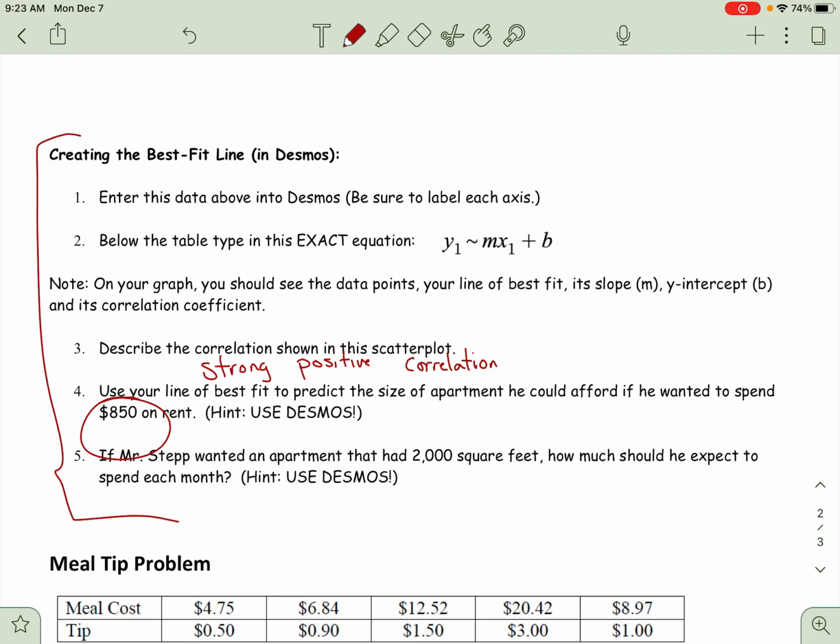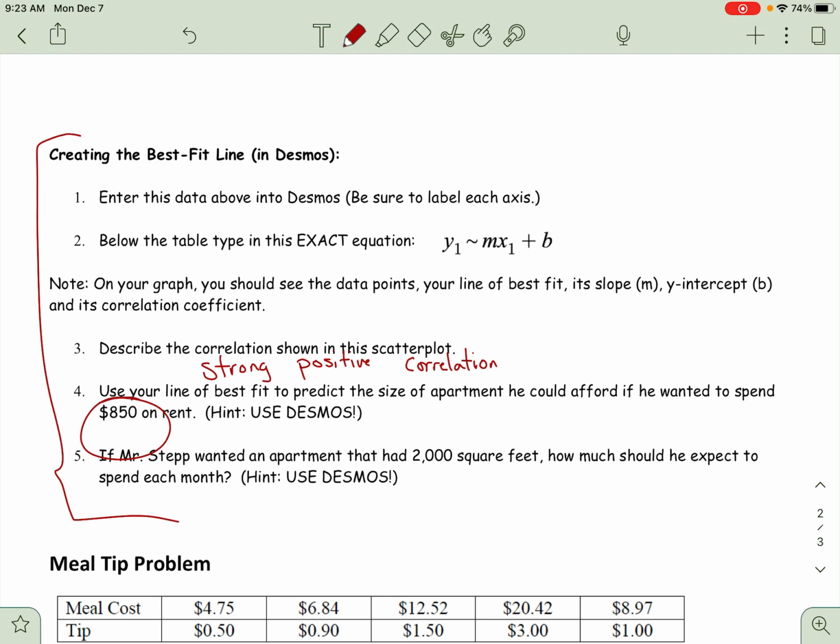Let's just use our calculator: 2,000 minus 546.53, and then divide that number by 0.444. He could expect to spend about $3,274 a month. That's a lot. But 2,000 square feet is a pretty big apartment too.